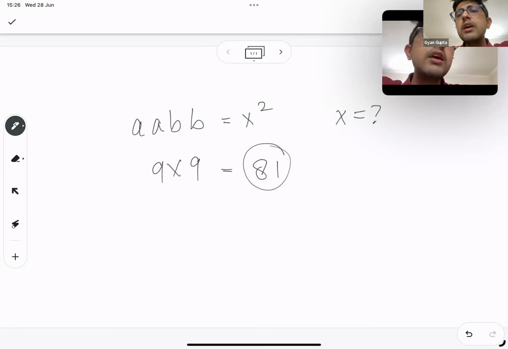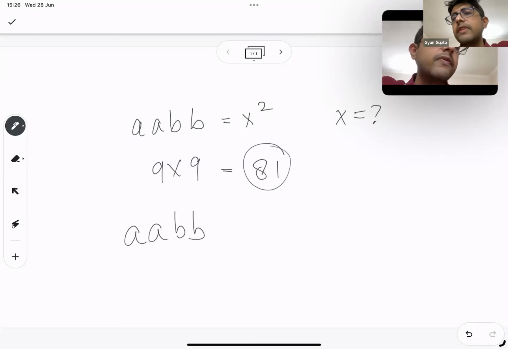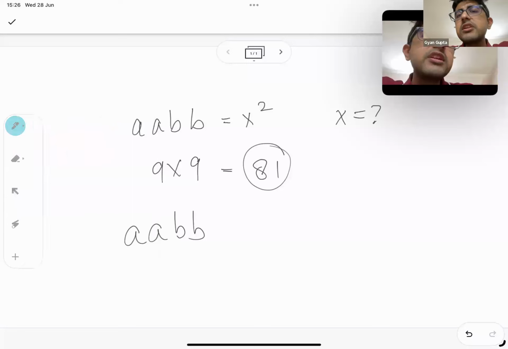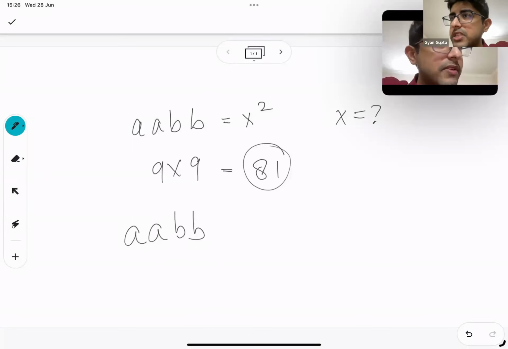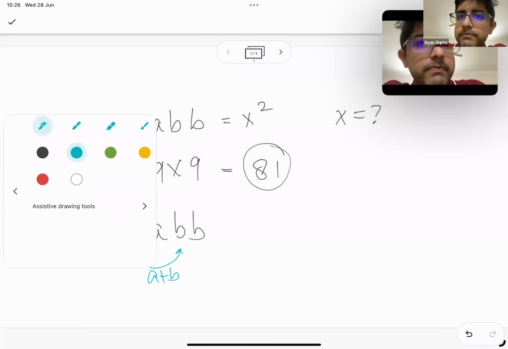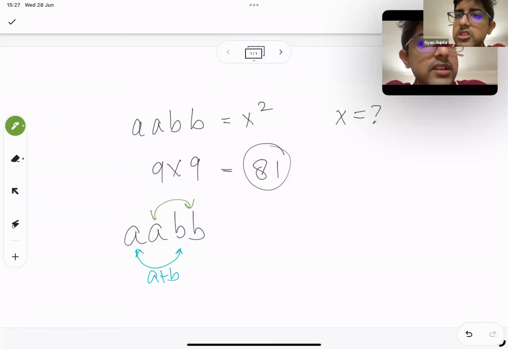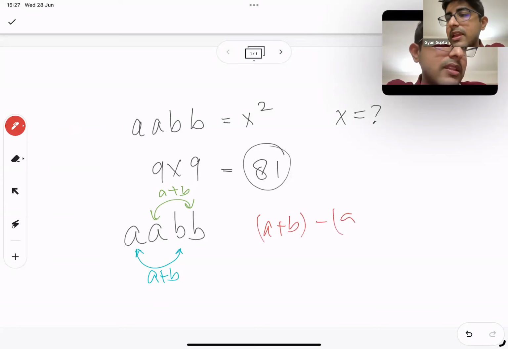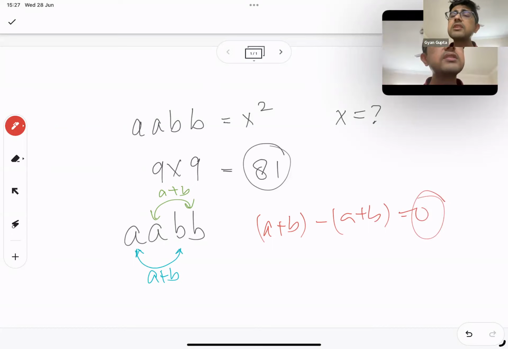If we look at the number AABB, it's interesting to note that this number is divisible by 11. Why? Because the sum of alternate digits are A plus B and A plus B, and the difference of these is 0, which is divisible by 11. It's a very fundamental divisibility rule for 11.